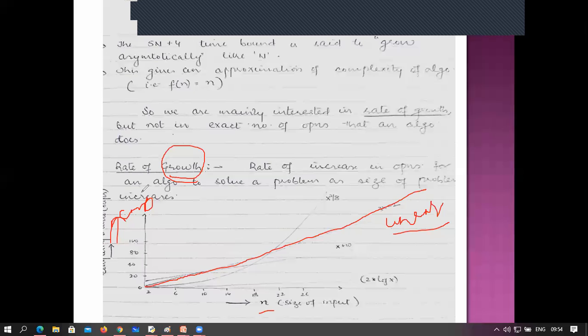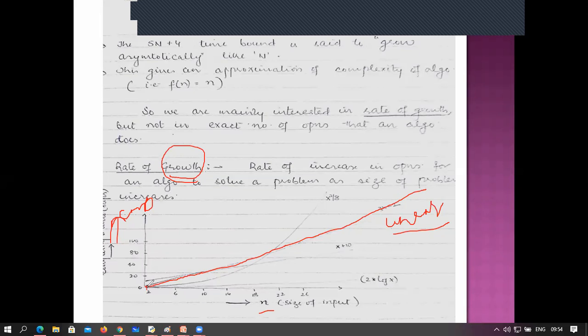So what we want to find out, the rate at which something is growing, we need to find out the complexity. So this side, suppose I'm taking the complexity, and this side I'm taking n. If your graph is coming out to be something like this, you will say the rate of growth class is linear. That means your complexity is increasing in a linear manner.